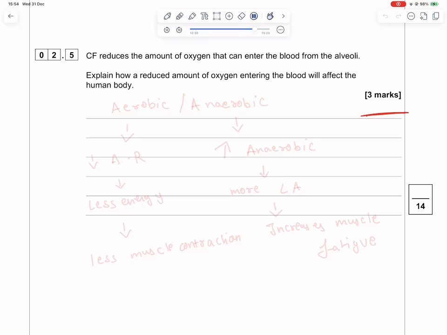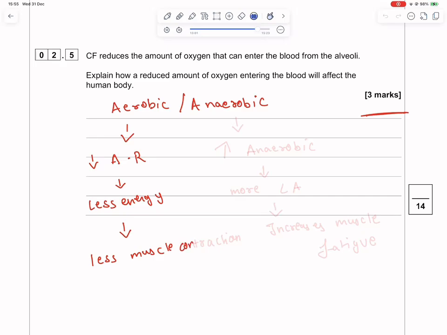Now, we can either explain through the routes of aerobic or anaerobic, whichever you choose to answer. Now, if we talk in terms of aerobic, if there is decreased aerobic respiration, as a result of that, there is less energy which is being released and therefore causes less muscle contraction.